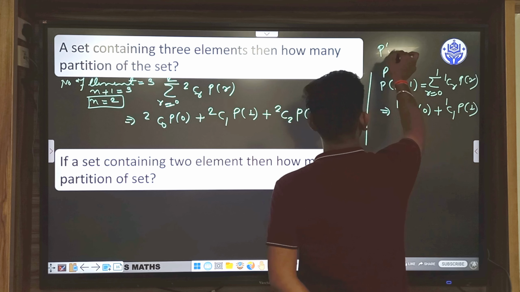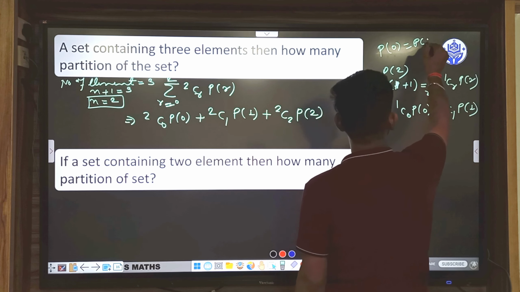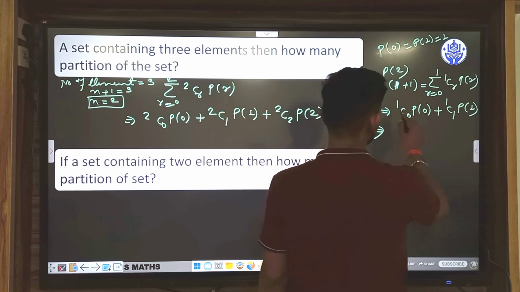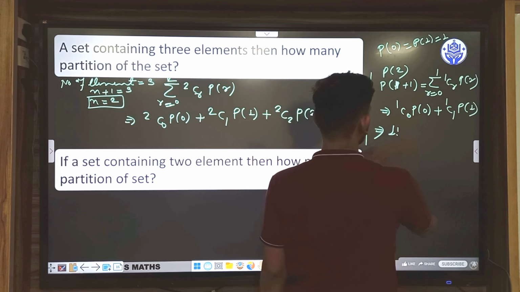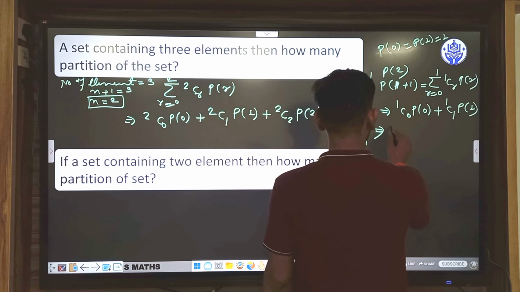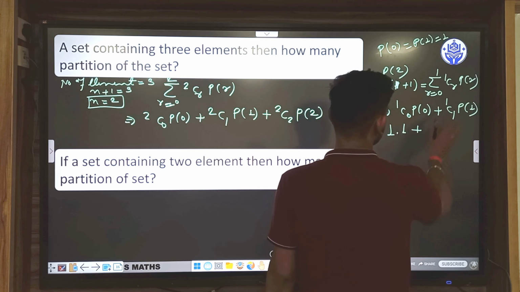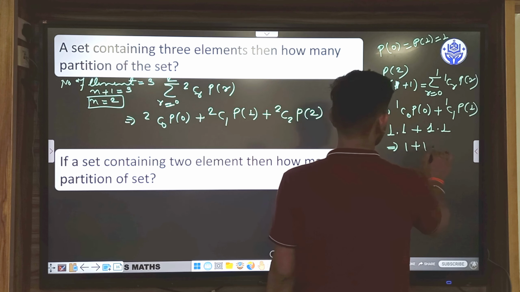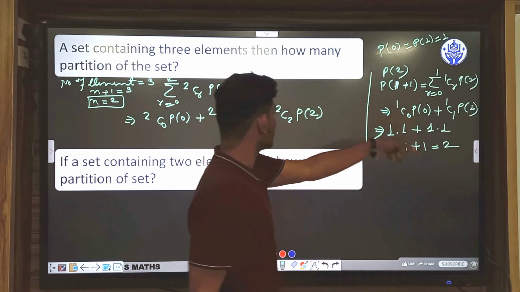Because P0 equals P1 equals 1, it is 1 into 1 plus 1 into 1, which is 1 plus 1 equals 2. So my P2 equals 2.